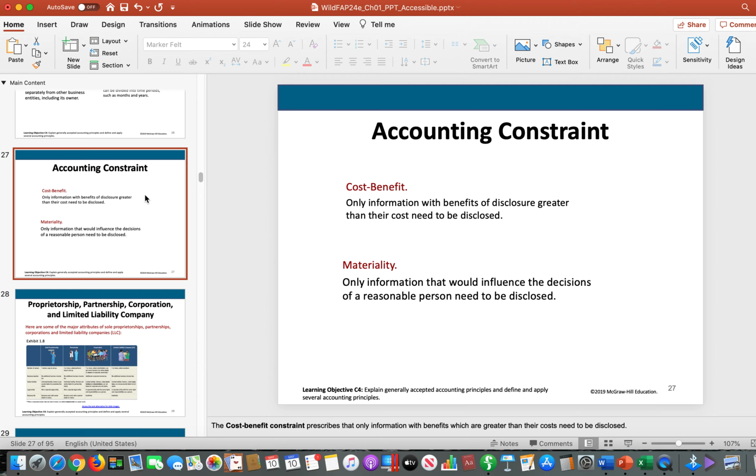So let's say, going back to my example, the company I used to work for, let's say you were a potential investor and the company generated $30 million a year. If the books were off by $1, would that affect your decision? More than likely not. Therefore, that information about being $1 off is immaterial, not relevant.